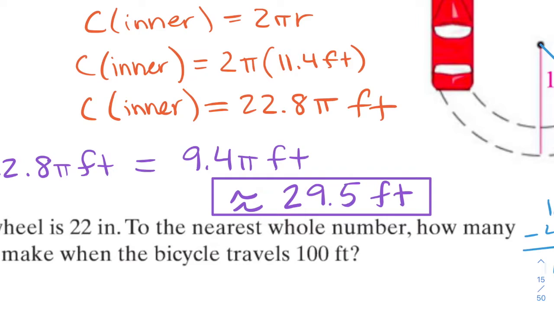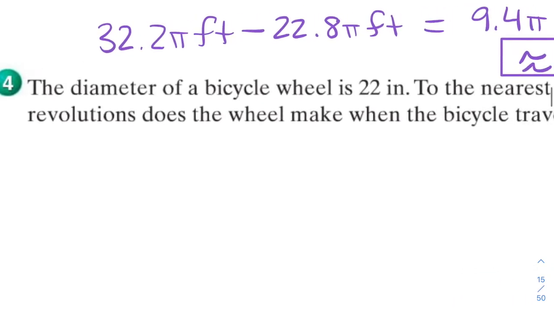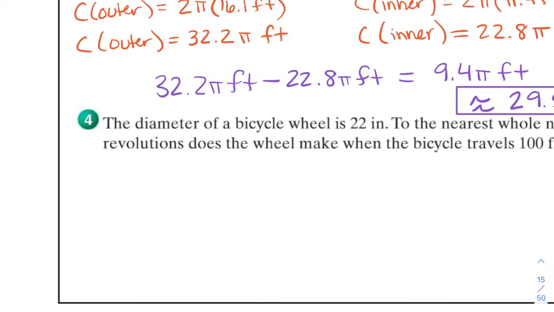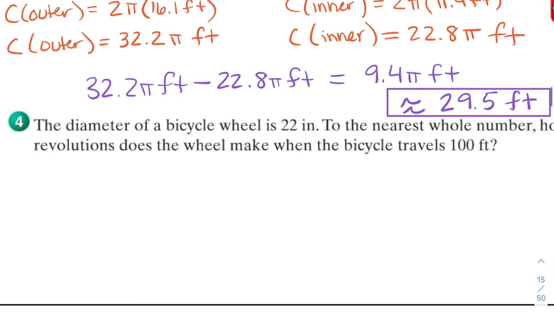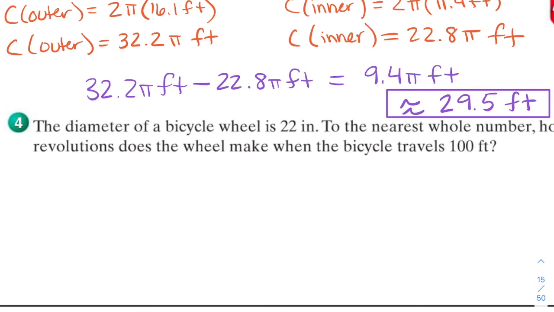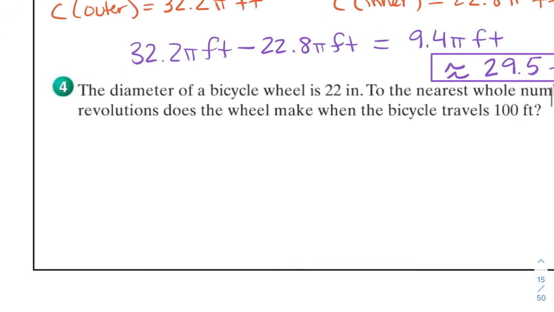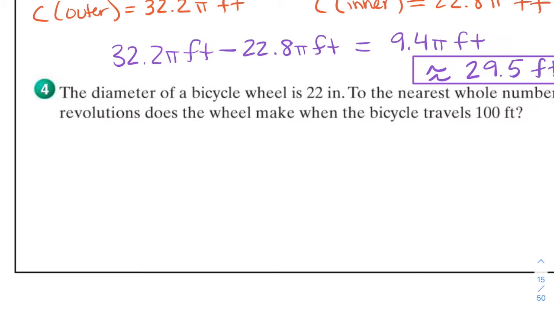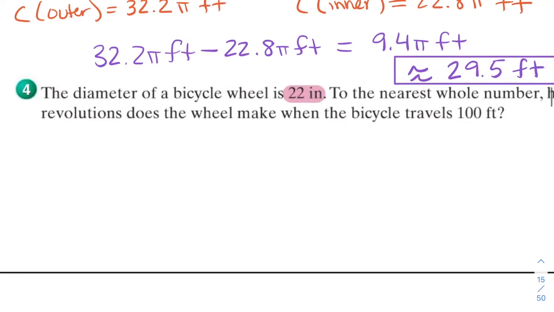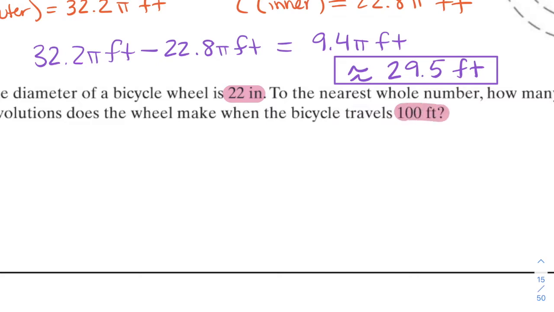All right. Hopefully my iPad keeps going here so I can do the next example. A diameter of a bicycle wheel is 22 inches. To the nearest whole number, how many revolutions does a wheel make when the bicycle travels 100 feet? So we have that it has a diameter of 22, so that's going to be important, but we also want it to travel 100 feet.